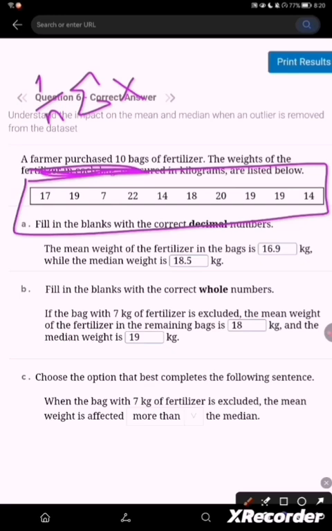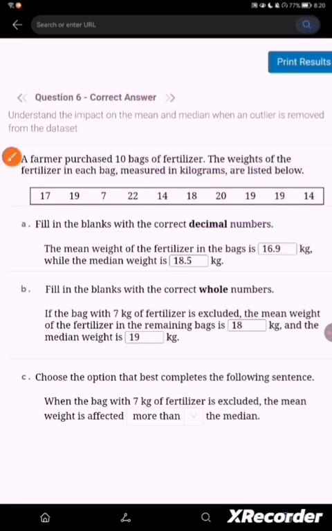So 17 plus 19 plus 7 plus 22 plus 14 plus 18 plus 20 plus 19 plus 19 plus 14, over 10, you get 16.9, which is correct, okay?